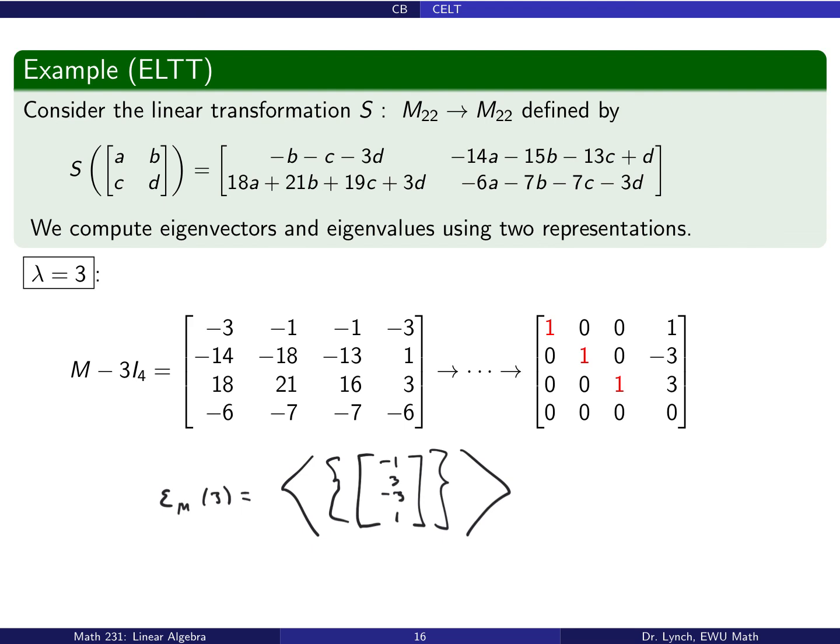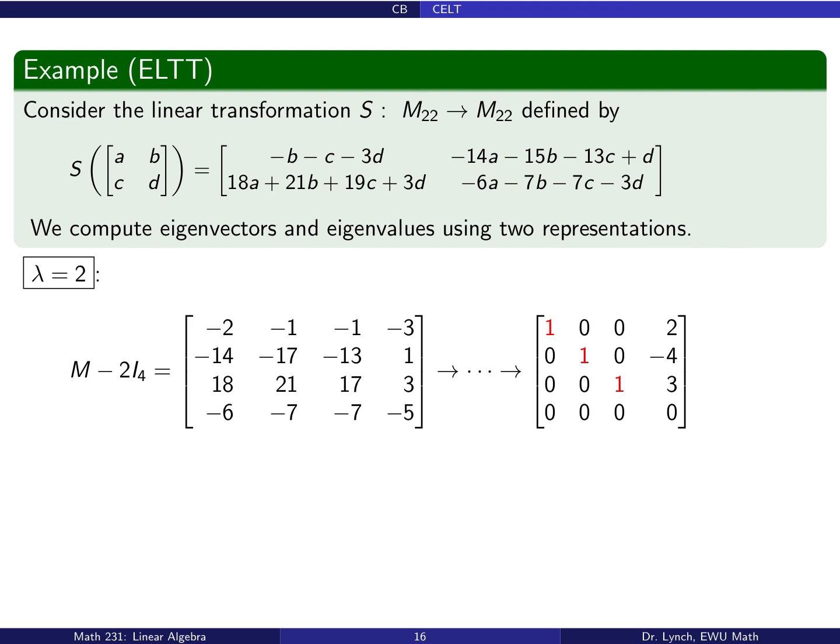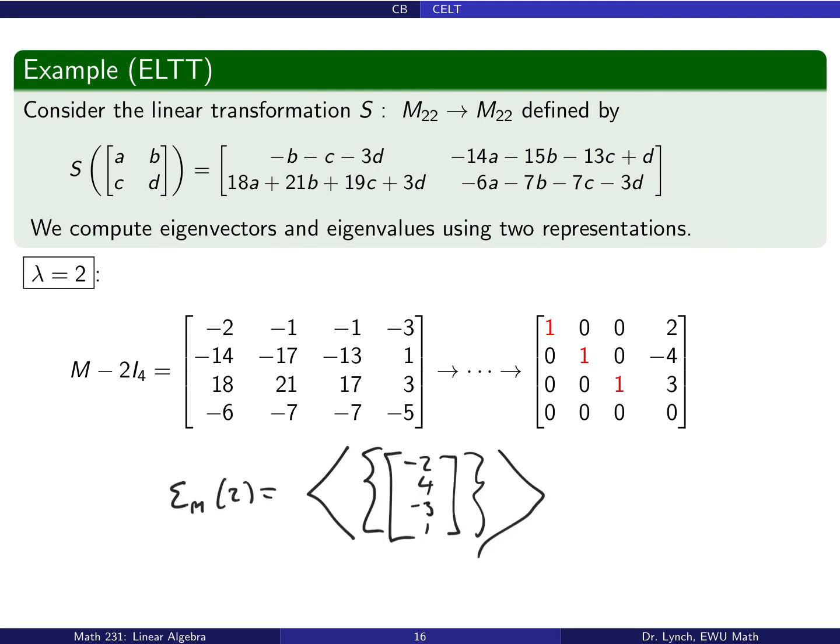Of course, the eigenspace is the same as the null space of M minus 3I, so we can see pretty quickly that the eigenspace of M corresponding to the eigenvalue 3 is the span of the set containing the single vector -1, 3, -3, 1. Similarly, for the eigenvalue 2, the eigenspace is the span of a set containing a single vector, and that vector is -2, 4, -3, 1.